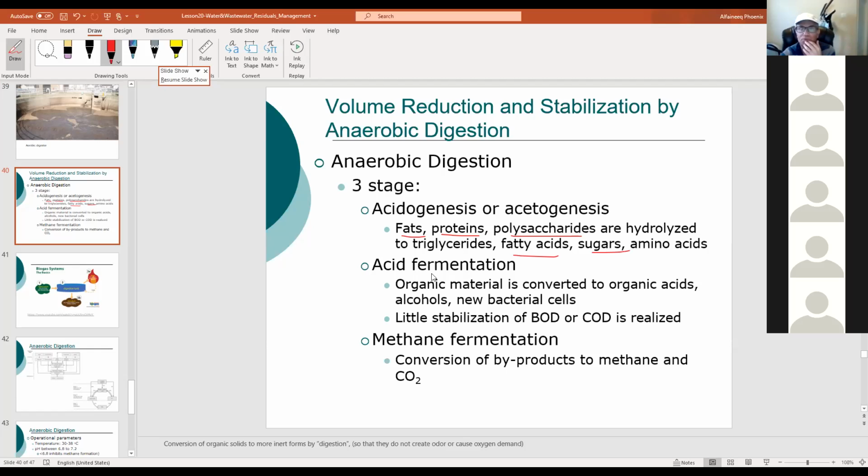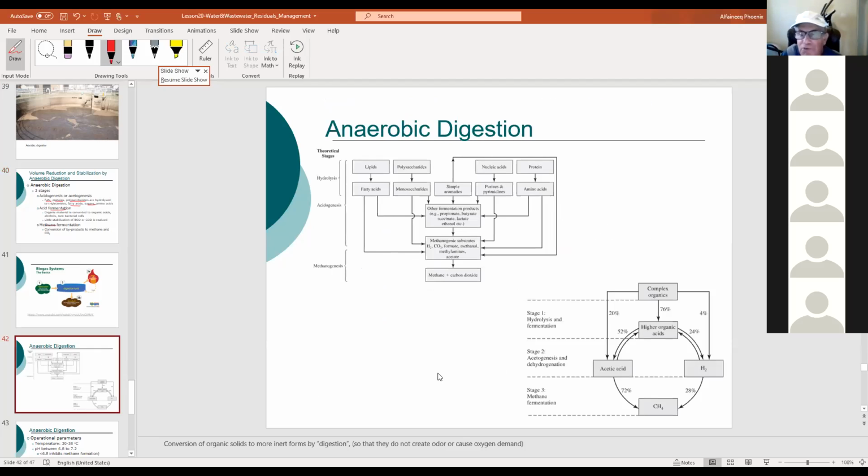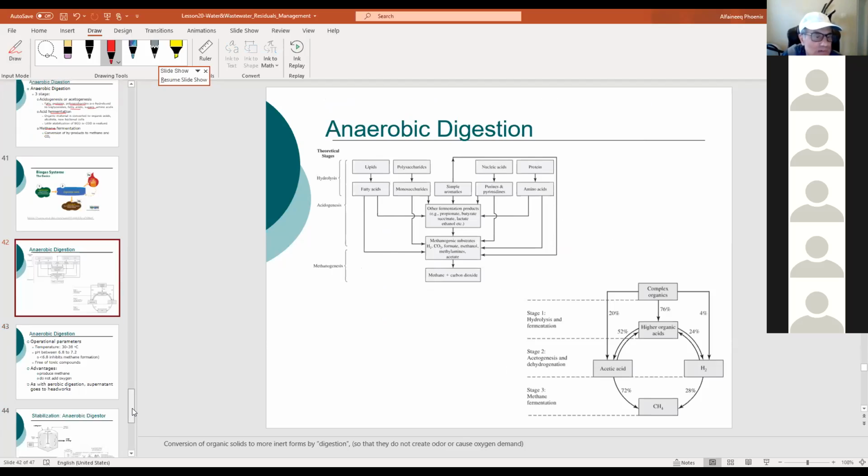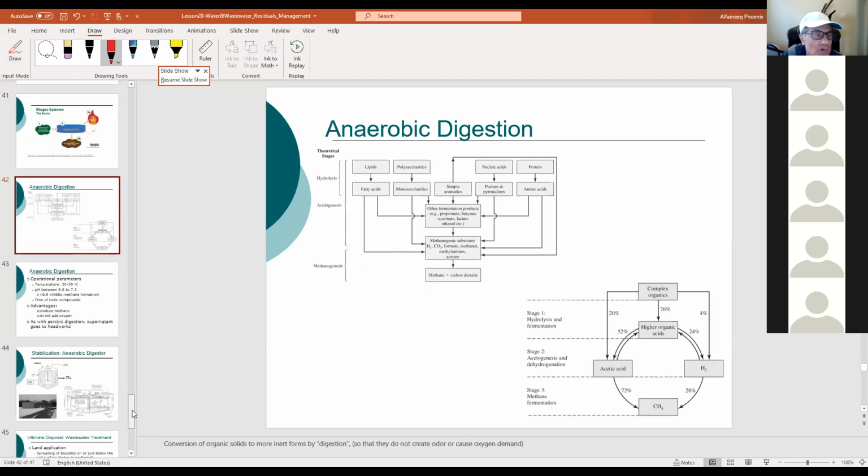Then after that, from them to methane gas. And methane gas can be used as a source of energy, right? Through the anaerobic digesters. We are not going to discuss this, but just to know, I have a video actually of how they do that.